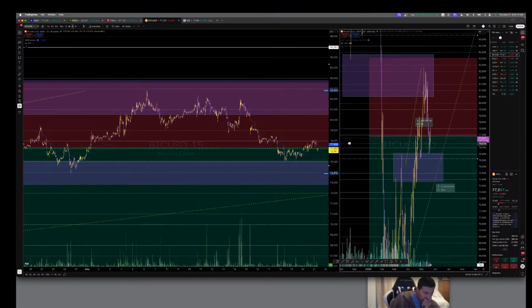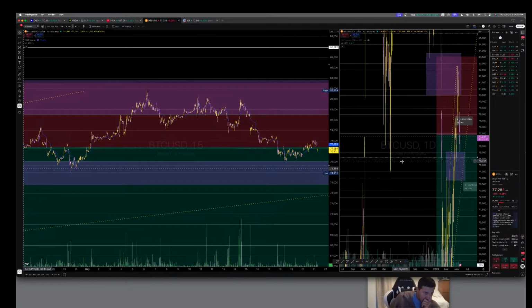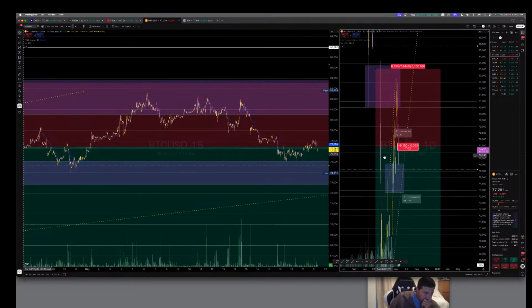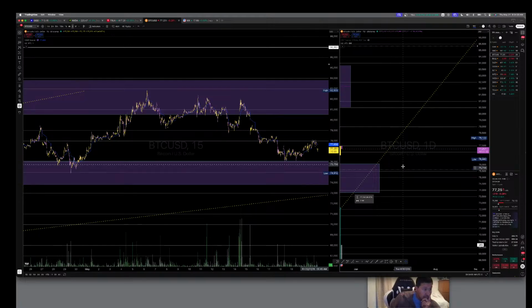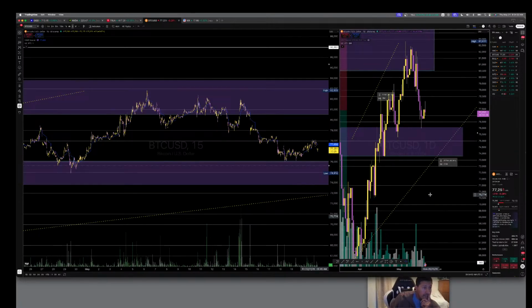I got these big old chunky squares. Just kind of get in the way. Grab some liquidity here.